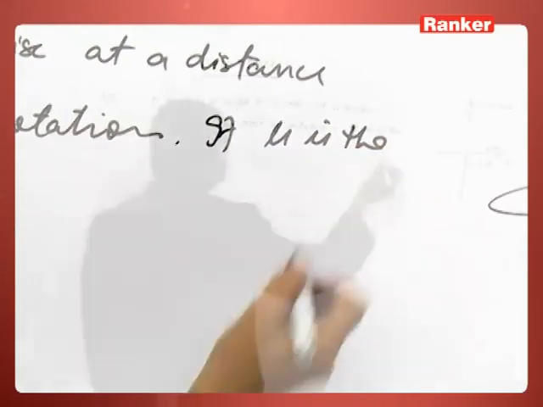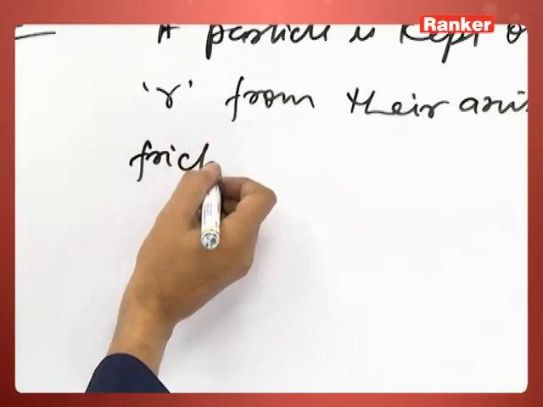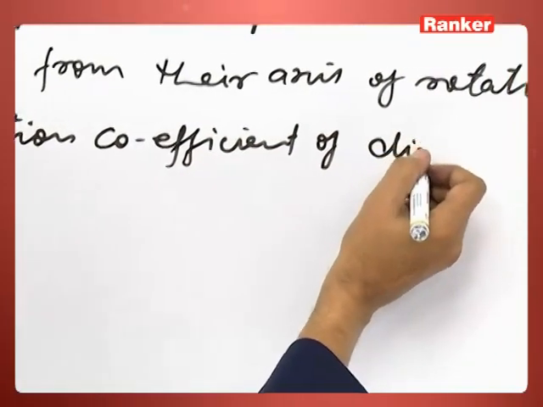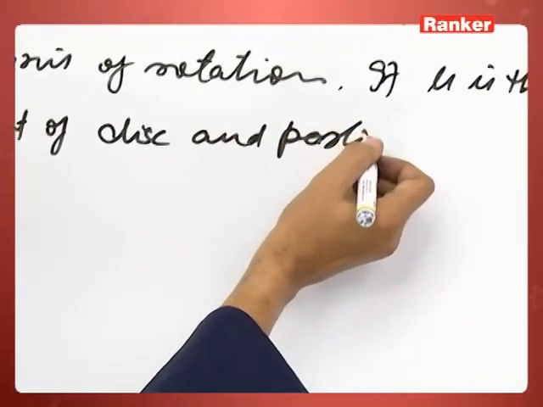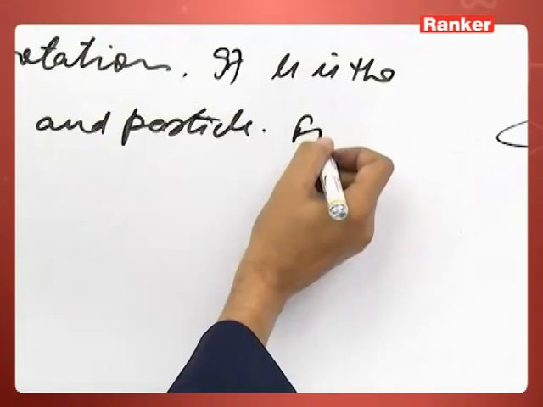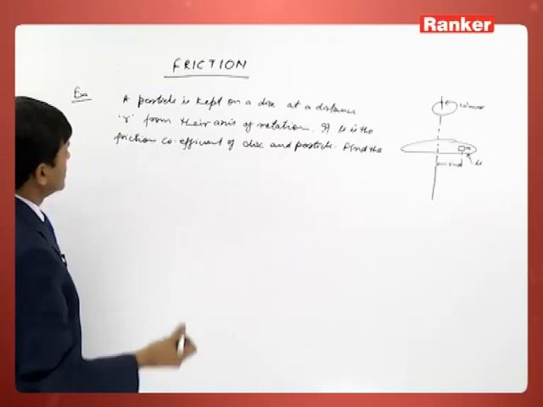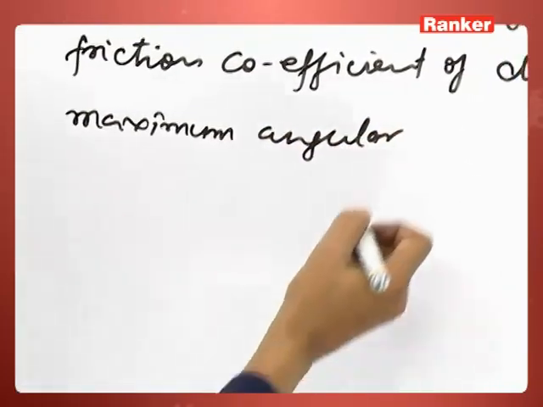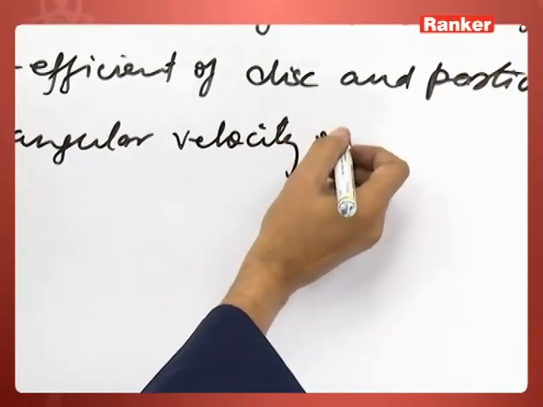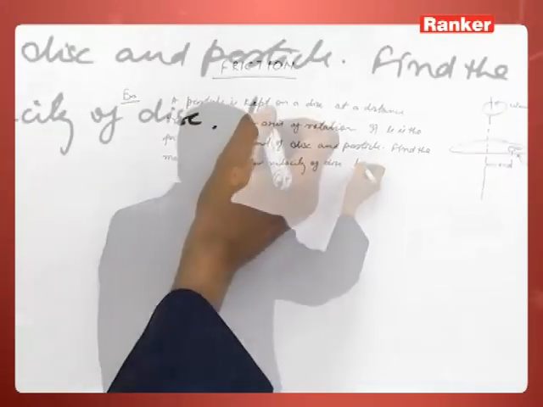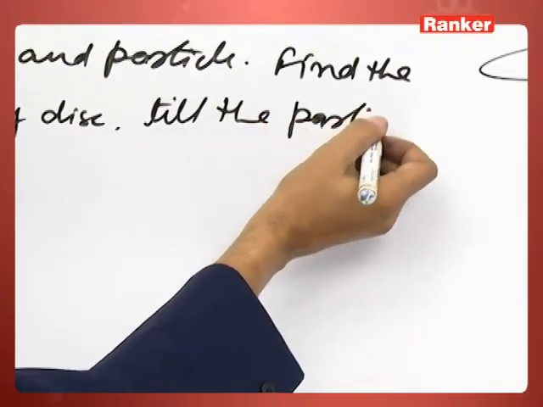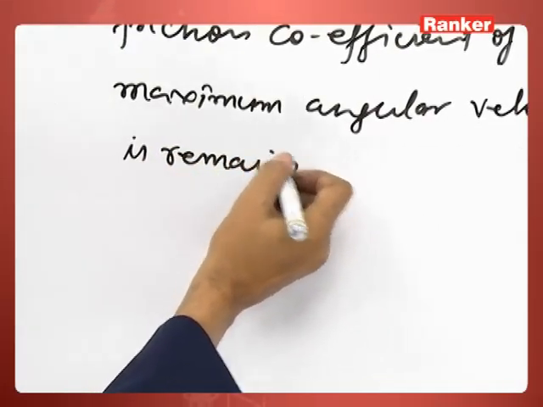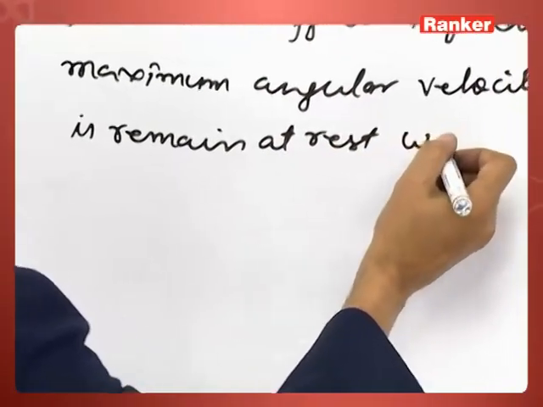If mu is the friction coefficient between the disk and the particle, find the maximum angular velocity of the disk till the particle remains at rest with respect to the disk.